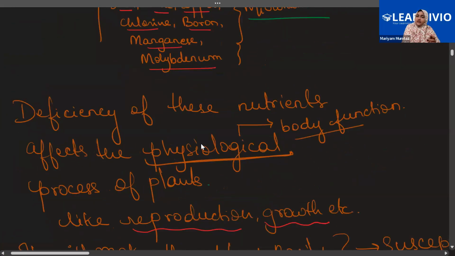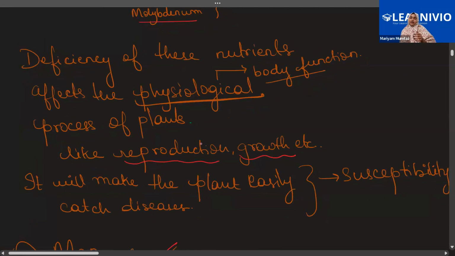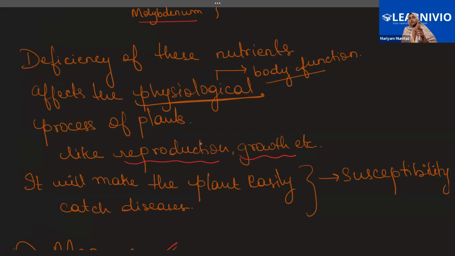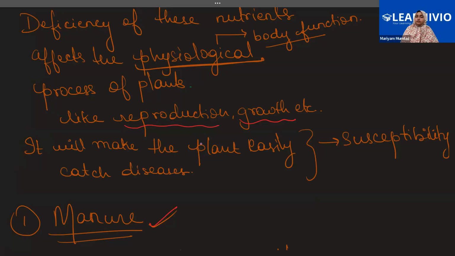Now, the deficiency of these nutrients affects the physiology of the plant, right? It affects the body functions, the normal enzymatic pathways and all of that. Apart from that, reproduction and growth can also be affected by deficiency.